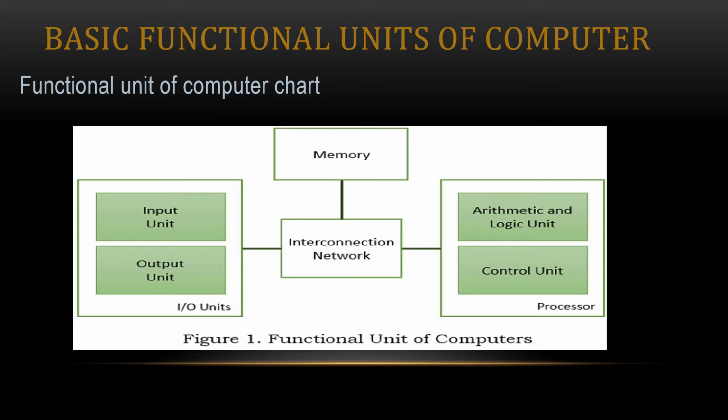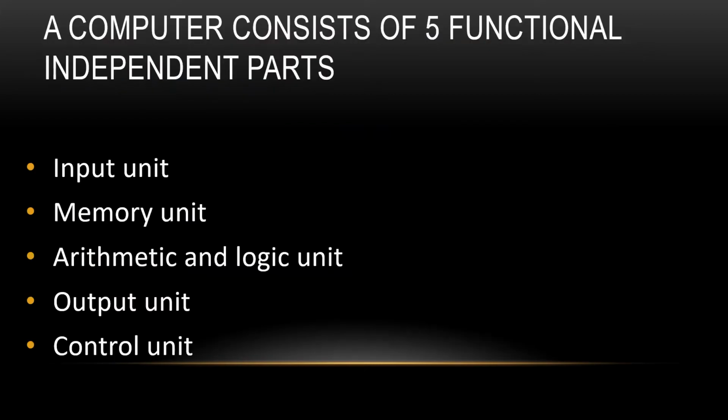Let us go into details. The input unit accepts coded information from human operators using devices such as keyboard, or from other computers over digital communication lines. So the input unit will accept coded information from human operators.